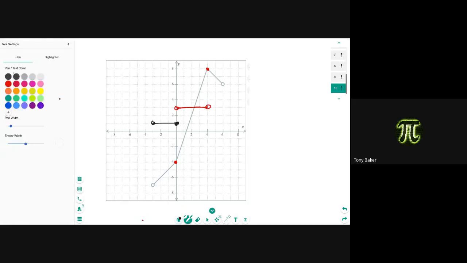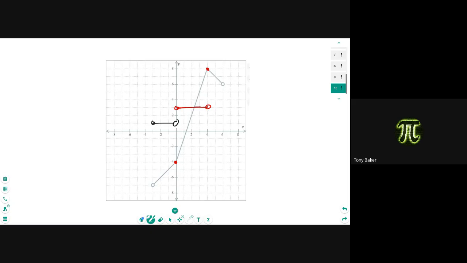And that should have been an open circle there. Let's do the next. So from there to there, my slope is 3. Right?